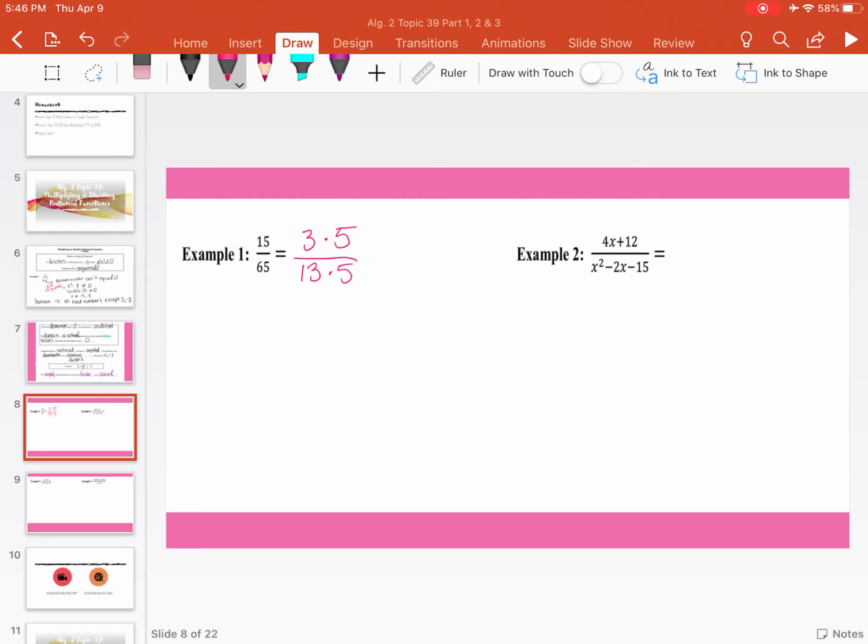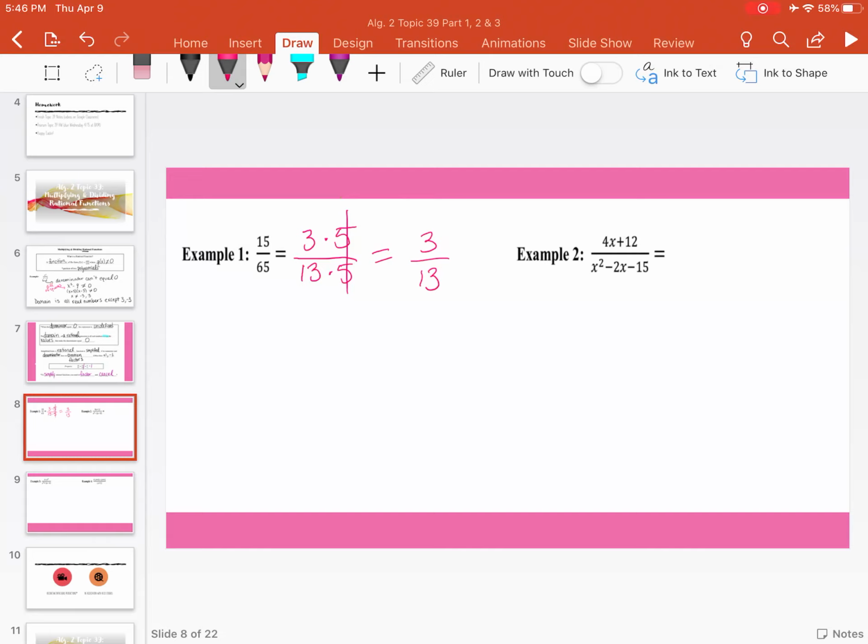Since they both have 5 as a factor here, we can reduce. Now, a lot of people might just think, oh, you're dividing the numerator and denominator by 5. Exactly, that's what we're doing here. So this reduces to 3/13.